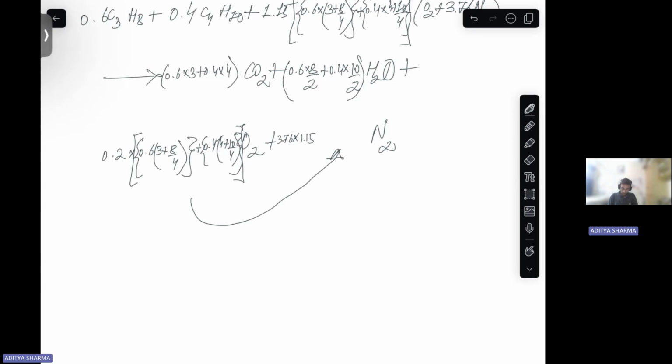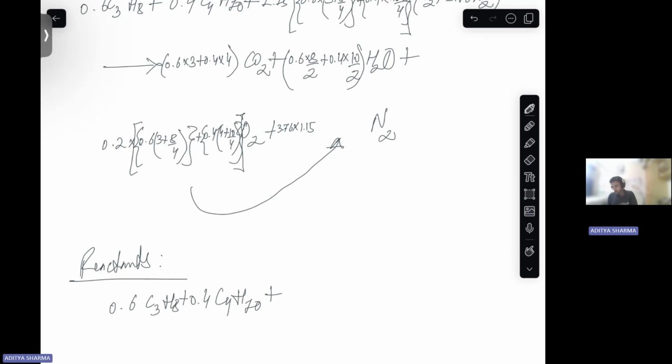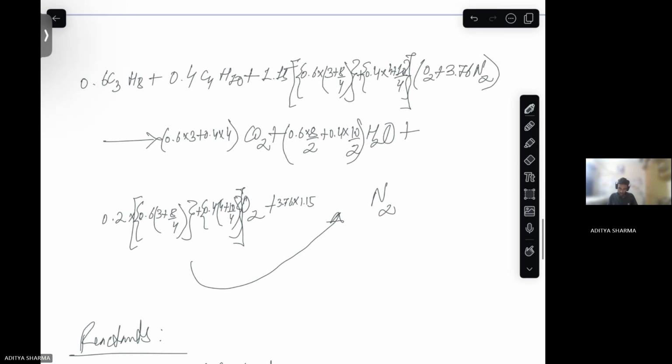So if you again write your reactants, it will be 0.6 C3H8 plus 0.4 C4H10 plus. Now please calculate for oxygen how much the value will be.